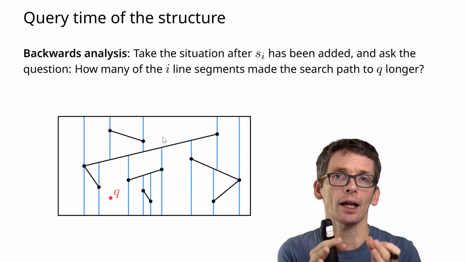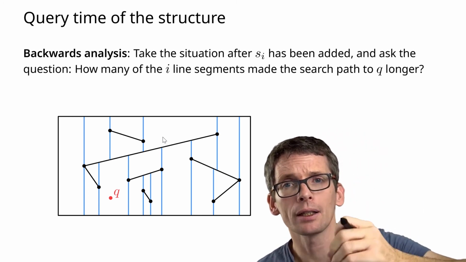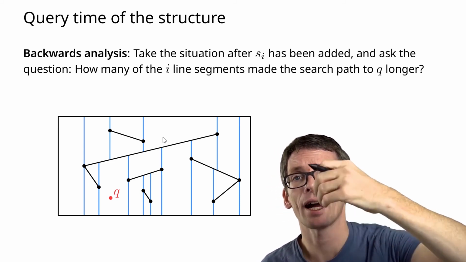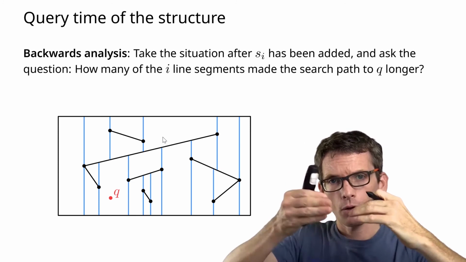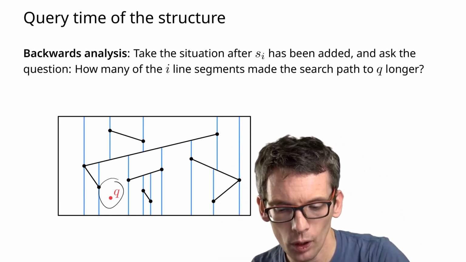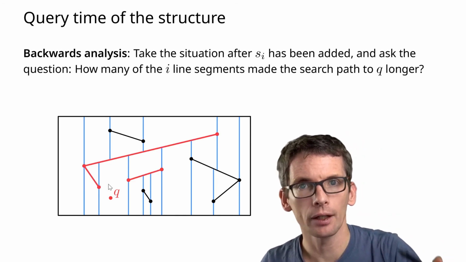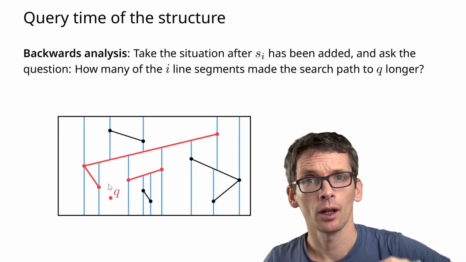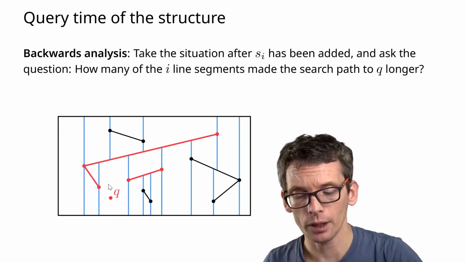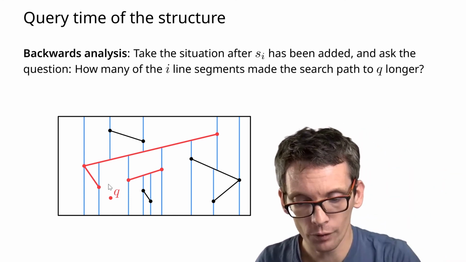And for this we ask, let's say this is delta_i, what is the probability that the search path got longer with the ith insertion, which means that from delta_i to delta_{i-1}, the trapezoid in which Q lies actually changed. That again can only be if one of the defining segments was the one that was inserted in the ith insertion. So what is the probability that in the ith insertion one of these segments has been inserted?